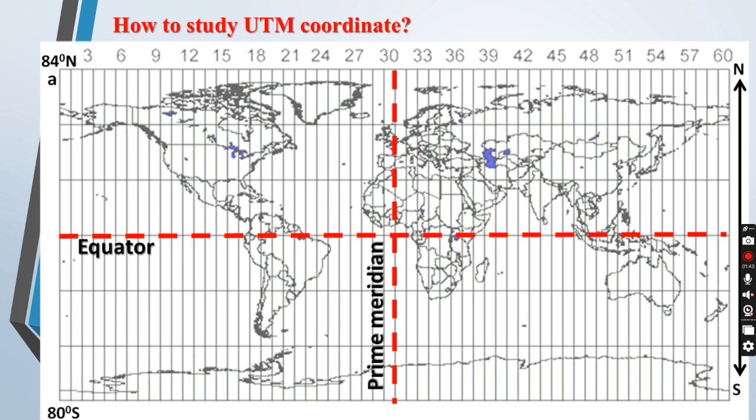And by the way, why is it 84 degrees in the north and only up to 80 degrees south? So in the southern pole 10 degrees and in the northern pole 6 degrees of latitude are left behind. It is not measurable by UTM. Why it is so, that also I will discuss. Now first try to understand the UTM in detail.